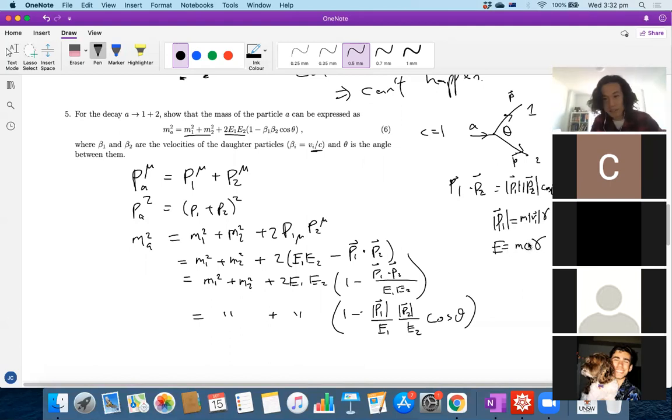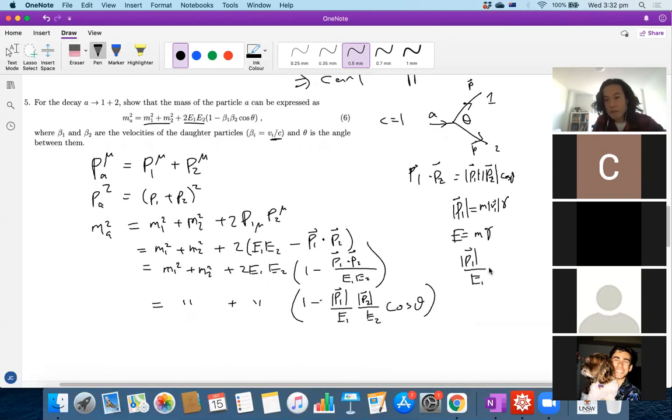Oh, sorry, since c equals 1, I'm just going to write m gamma, but normally it'll be m c squared gamma. So P_1 divided by E_1 would just be m_1 v_1 gamma divided by m_1 gamma. All of these cancel out, so I just end up with v_1. And same for P_2 on E_2. So it's just equal to the velocity.